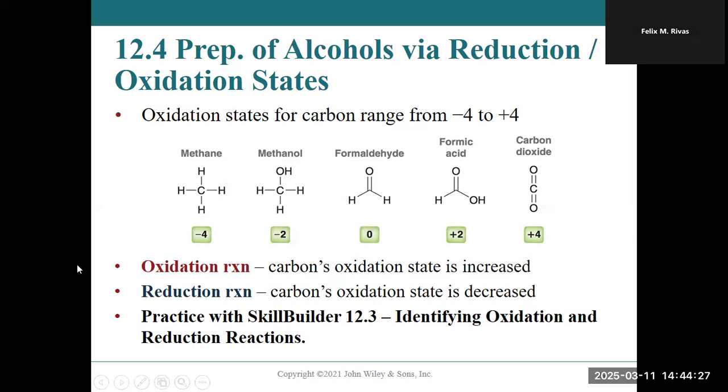And if you're going backwards, right, so if carbon dioxide is converted to methane, you're reducing it because you're going in the opposite direction. You're reducing the number of carbon-oxygen bonds when we go from carbon dioxide all the way to methane.